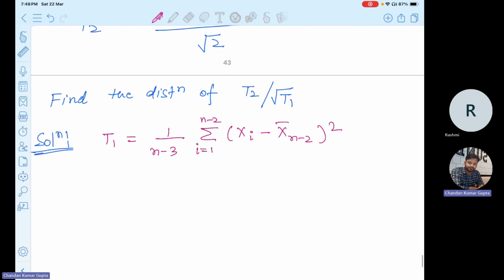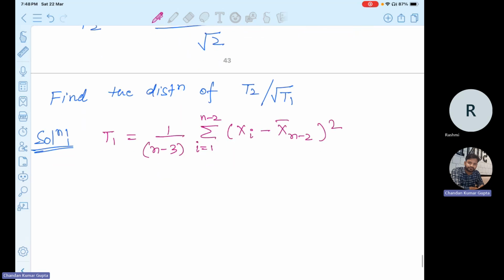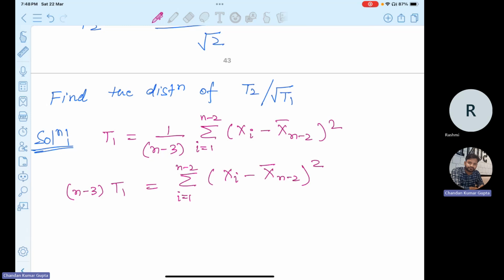So we can write n minus 3 times T1 equal to the summation from i equal to 1 to n minus 2 of (xi minus x bar n minus 2) whole square. What if we divide both sides by sigma square?